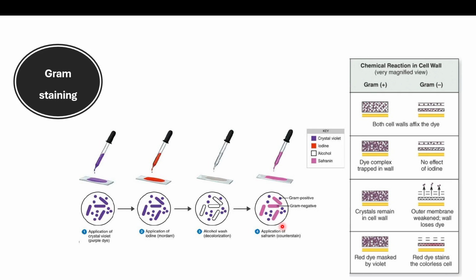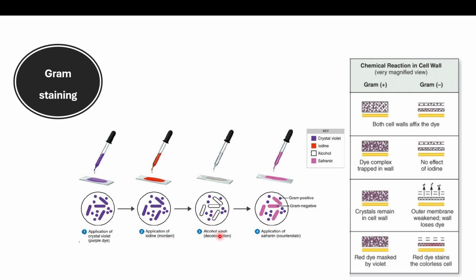Next, if we look at gram staining, what happened? There was a particular stain developed by a person named Gram. What the person did was, he applied crystal violet, a purple colored dye, onto bacterial cells, then he applied iodine, a mordant which can fix that particular stain.